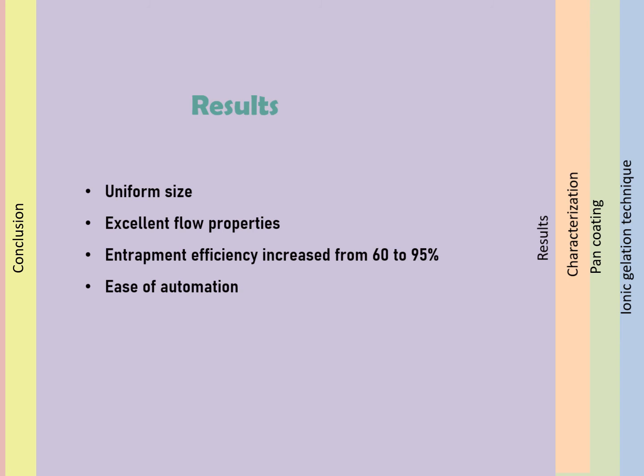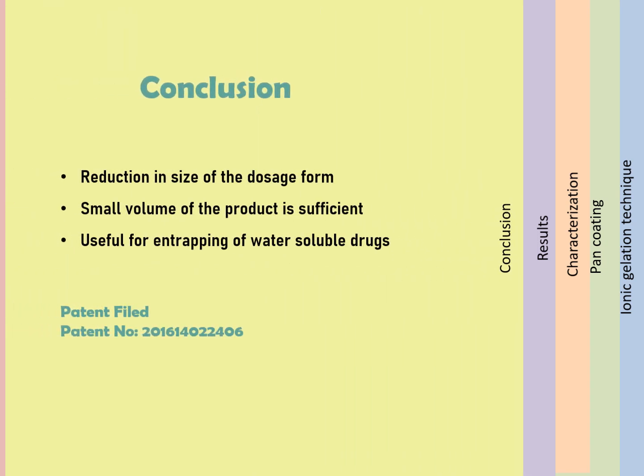Compared with the ionic gelation method, in case of the coating method, the process variables can be easily optimized, and we can go for automation, and it has more industrial feasibility. Now I can conclude: the proposal results in a reduction in size of the dosage form. Because of the good improvement in entrapment efficiency, the quantity of the dosage form required is going to be minimum.